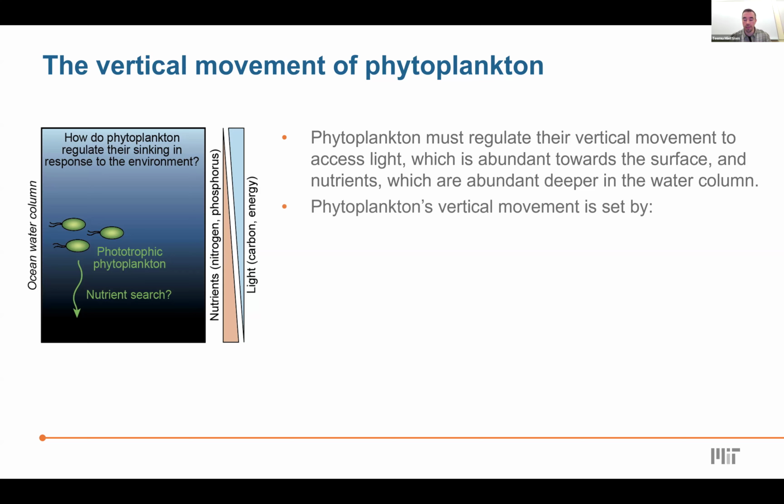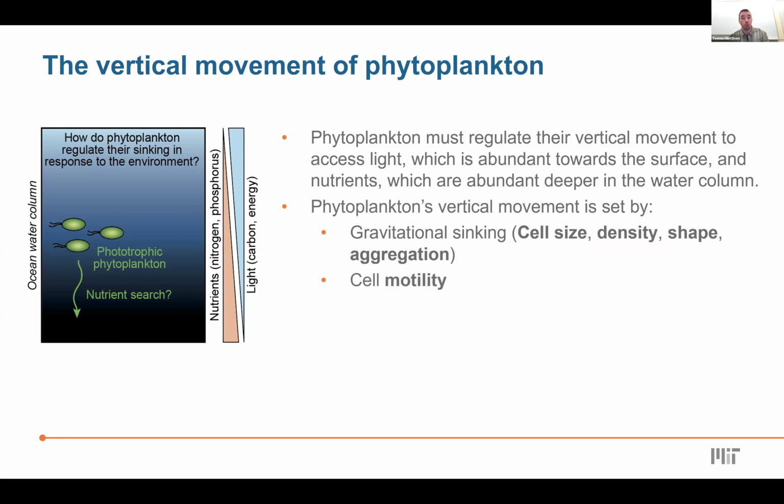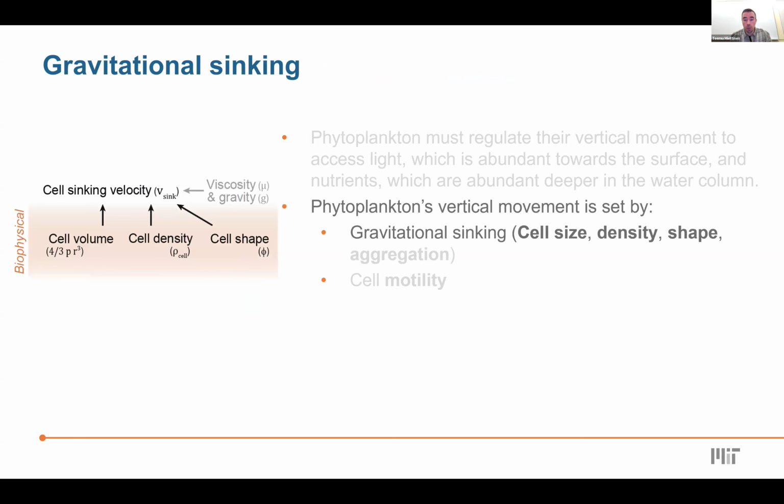And their vertical movement can take place by two different mechanisms. One is gravitational sinking. This is essentially a passive process that is set by the size, density, and shape of the cell, and potential aggregation into larger aggregates. And then there's cell motility. In my talk today, I'll just focus on gravitational sinking, and we'll only focus on species that don't aggregate significantly together.